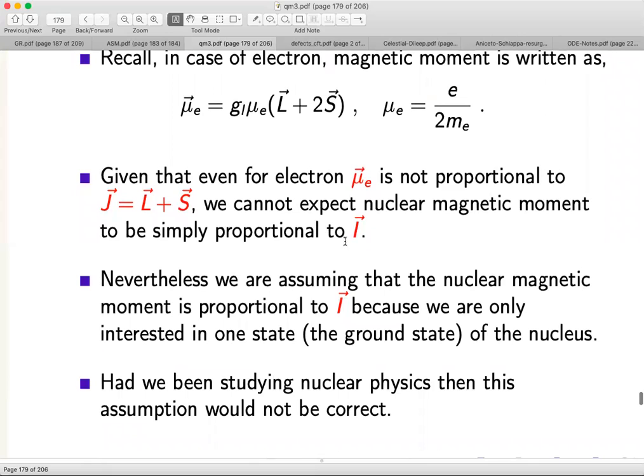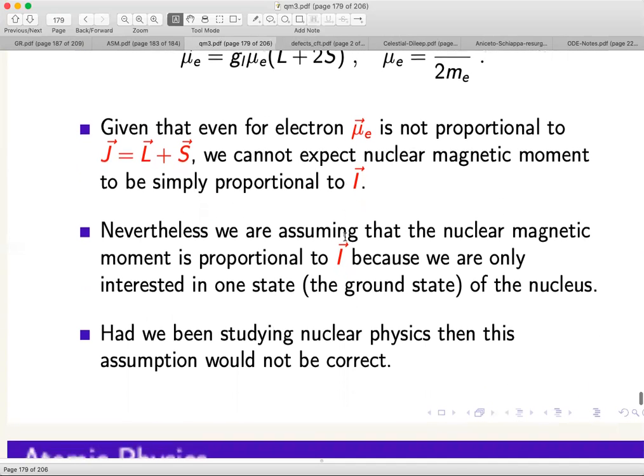What we will basically be doing is just concentrate on only the ground state and claim that in case of the ground state, the nuclear magnetic moment is proportional to the nuclear angular momentum. We will not get into how the nucleus behaves when the system becomes excited, because then there are additional orbital angular momentum contributions, the relative motion between nucleons, all of which could contribute, but it is not our concern because we are only looking at the ground state.